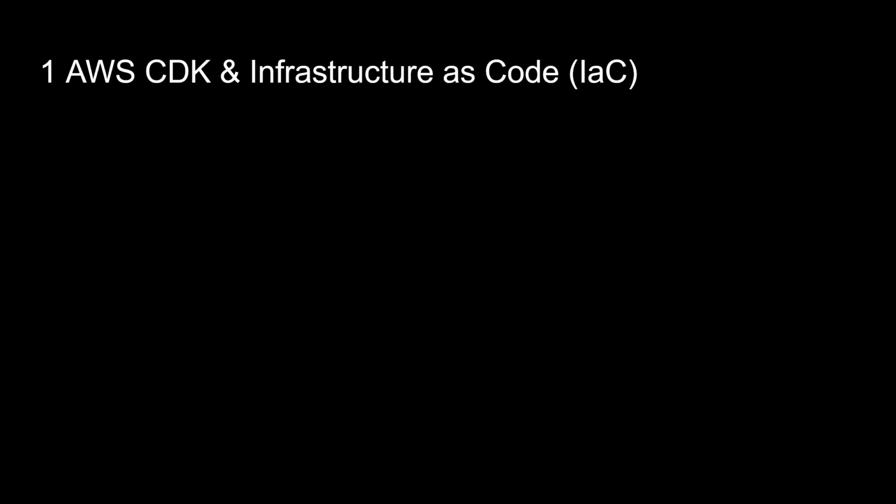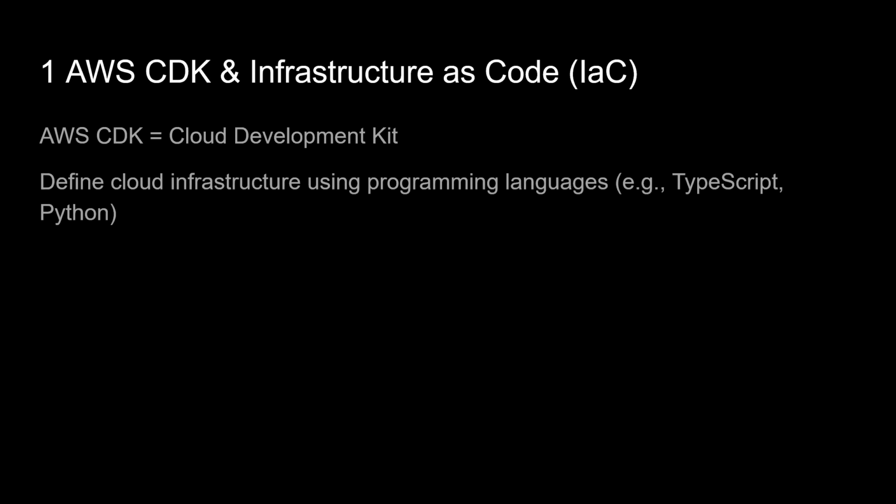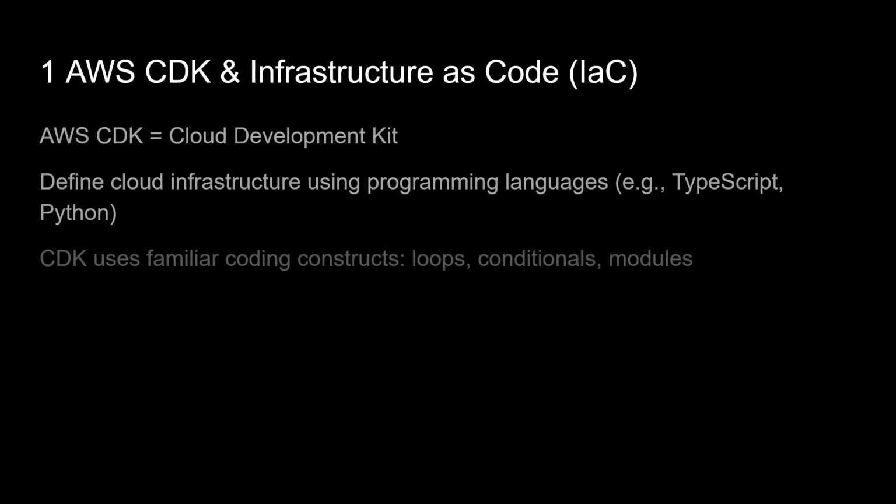The AWS CDK, or Cloud Development Kit, is a framework that lets you define your cloud infrastructure using real programming languages like TypeScript or Python. Instead of writing long, static YAML or JSON templates, like you would with CloudFormation, CDK lets you use actual code with logic, variables, and structure to build and manage AWS resources.